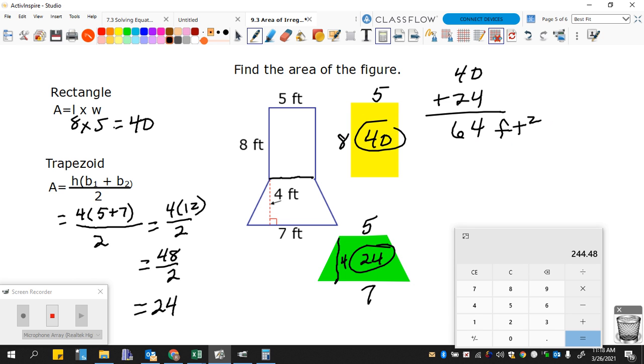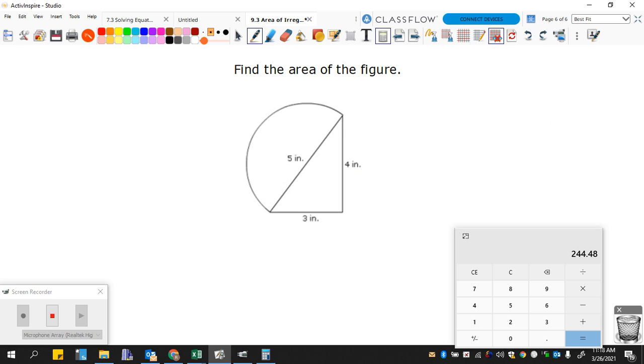All right, and one last one. So we're looking at the area of this shape. I don't have the little cutouts here, but we can see here that we have a triangle and we have a semicircle here. Remember the triangle is base times height divided by 2.